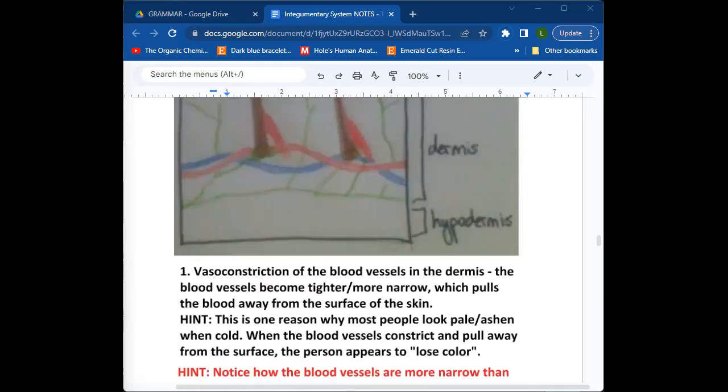And this is to try to pull the blood vessels away from the surface of the skin. And by pulling the blood vessels away from the surface of the skin, it's going to keep the heat trapped within the body. And then by keeping the heat trapped within the body, that's going to help us stay warm. It's going to help conserve heat. The heat won't be able to escape.